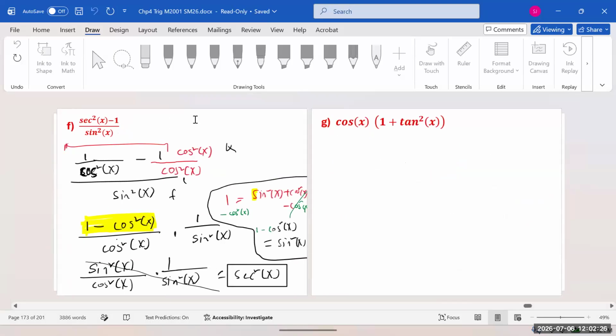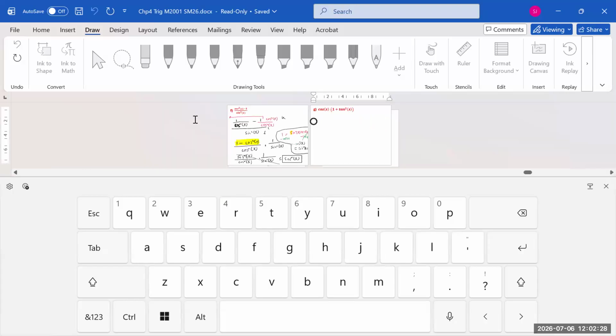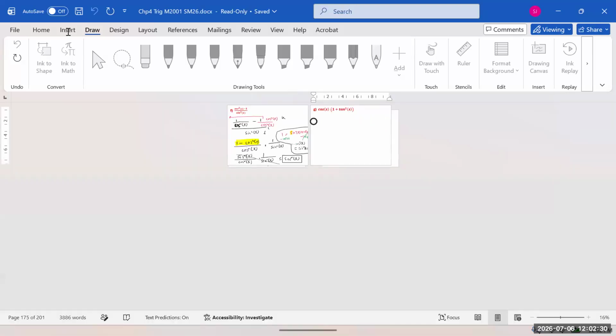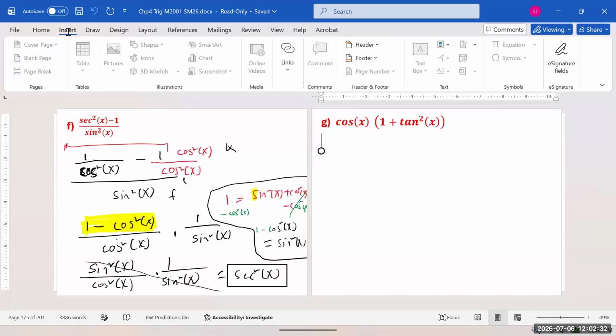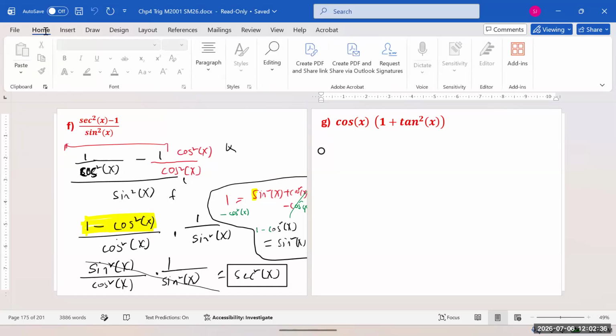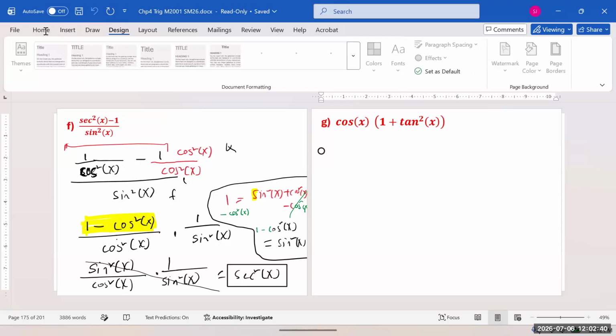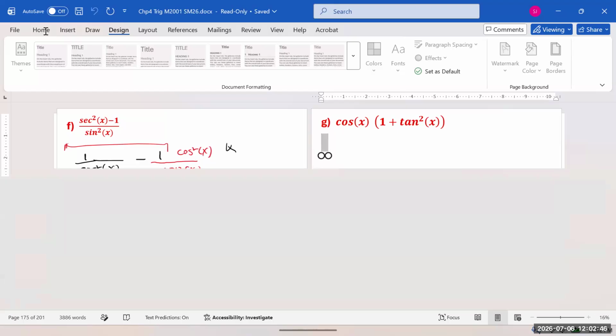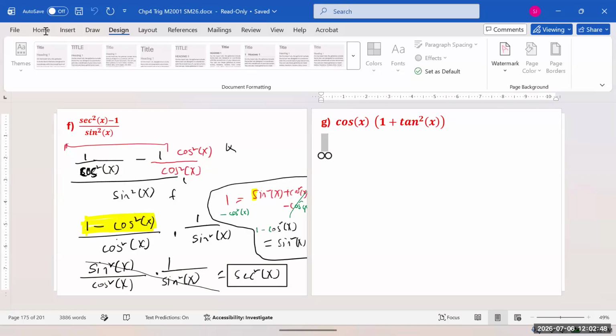Let me see. Why is everything disabled? Come on. Read only version?